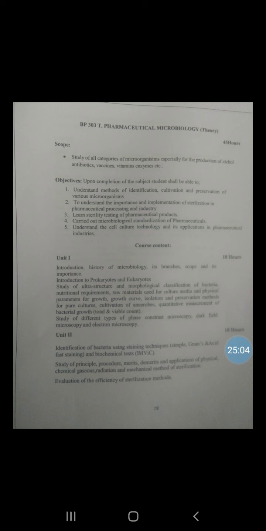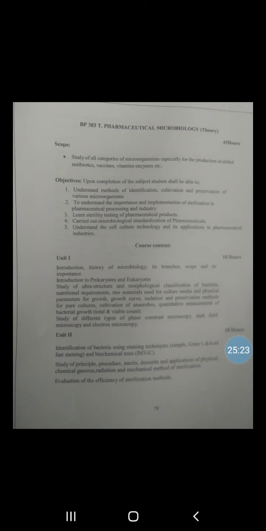Next, the bactericides for eye drops. First, benzalkonium chloride having concentration 0.01% weight by volume. Second, phenylmercuric acetate or phenylmercuric nitrate having concentration 0.002% weight by volume.